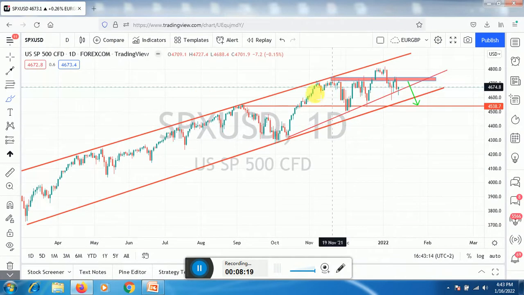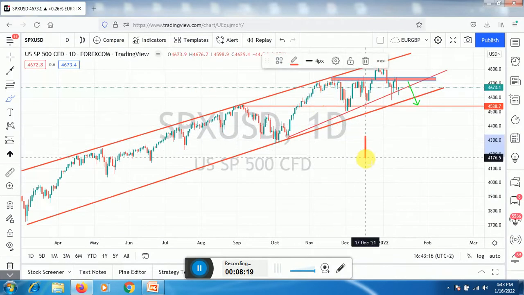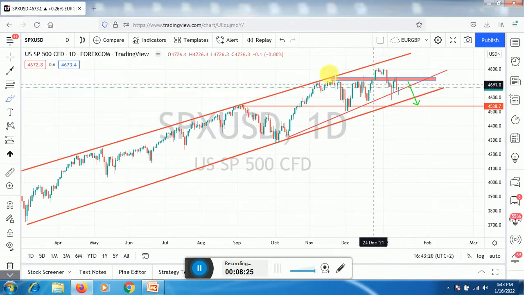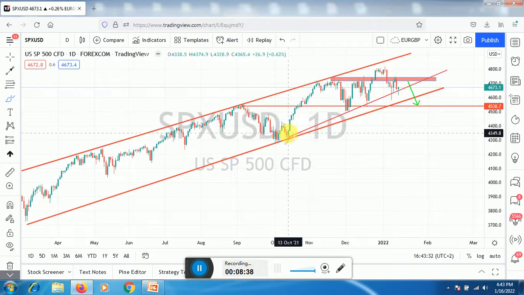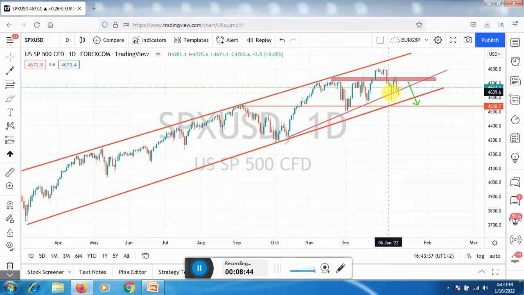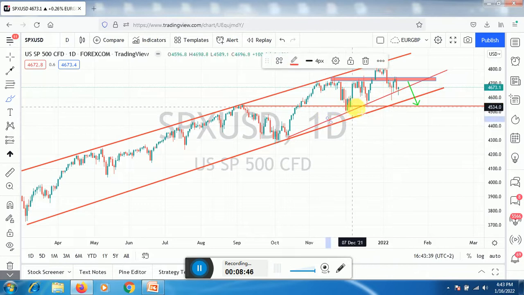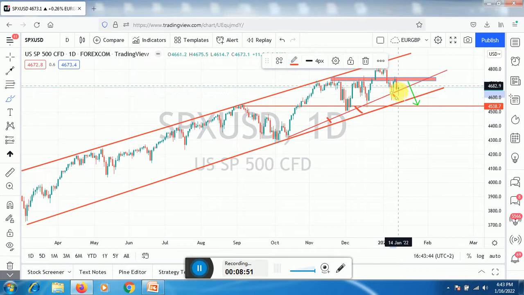We did try to explain last week that SPX is a bit under pressure, and we saw that this week it retested this minor trend line twice right here, and then on Friday's close it retested the level again.